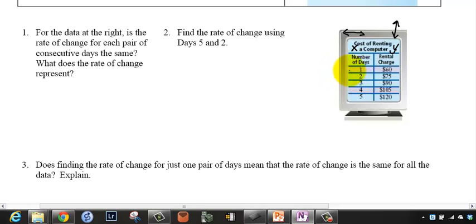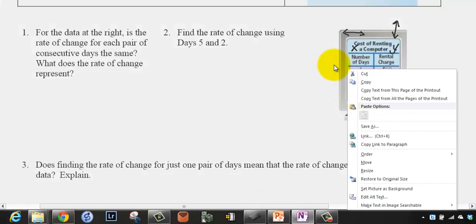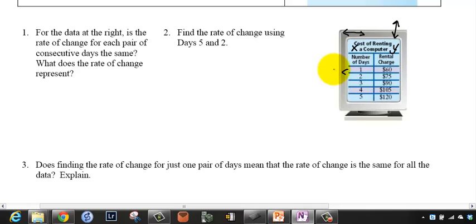We need to make sure that these are consecutive in their movements. So from 1 to 2 is a change of 1, from 2 to 3 is a change of 1, from 3 to 4 is a change of 1. You get the idea. If this is different, we need to put that into our calculations, because it's vertical change over horizontal change. So these are all 1. This makes it a little bit easier for us.